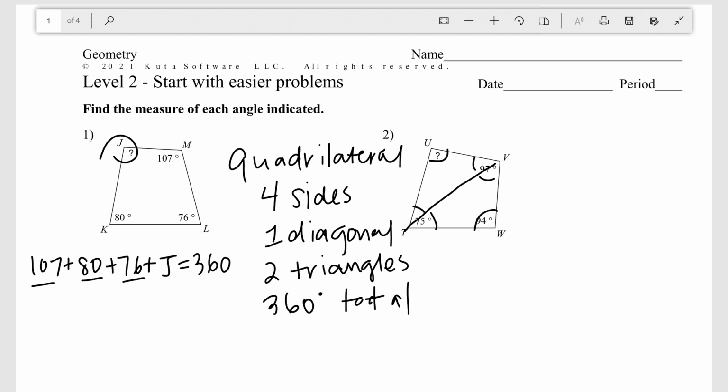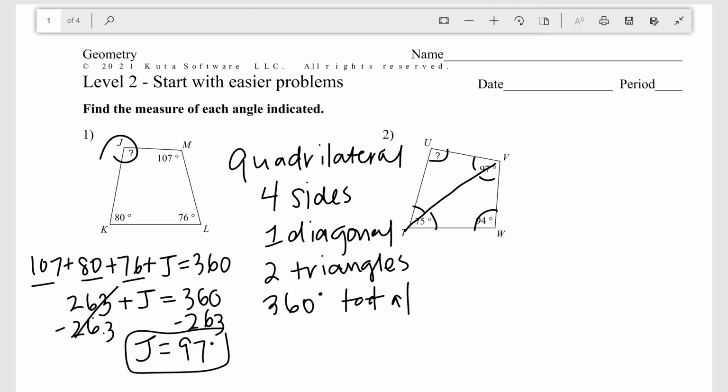After combining them, I have a grand total of 263. If it were added to angle J, that will equal 360 degrees. Now I need to isolate my angle J by subtracting out my 263 on both sides. Once I do that, my 263's cancel on my left side, and I'm left with the fact that angle J is equal to 97 degrees as my missing angle.